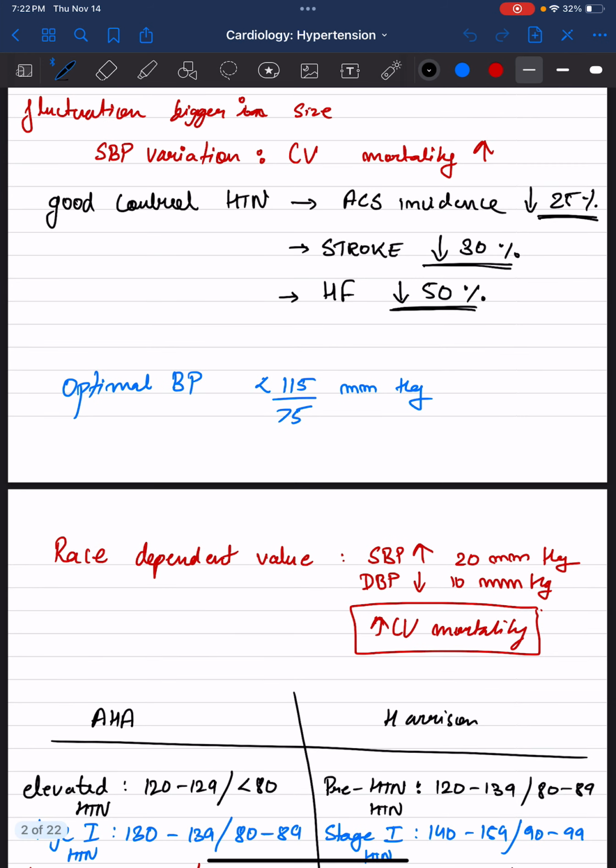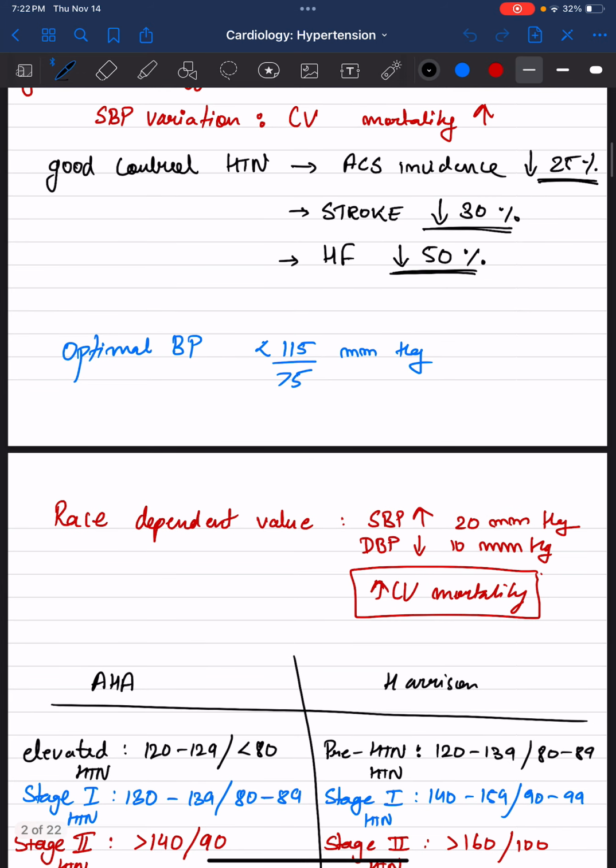If a hypertensive patient keeps their hypertension in good control, there is decreased incidence of acute coronary syndrome by 25%, decreased incidence of stroke by 30%, and decreased incidence of heart failure by up to 50%.